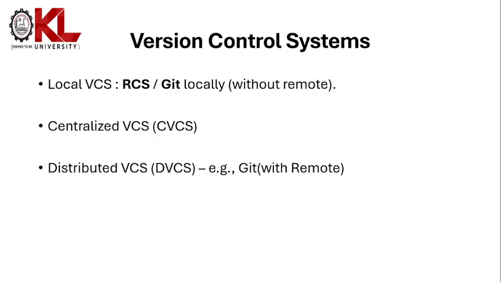A version control system is a software tool. This tool helps developers track the day-to-day changes to their source code and project over time.